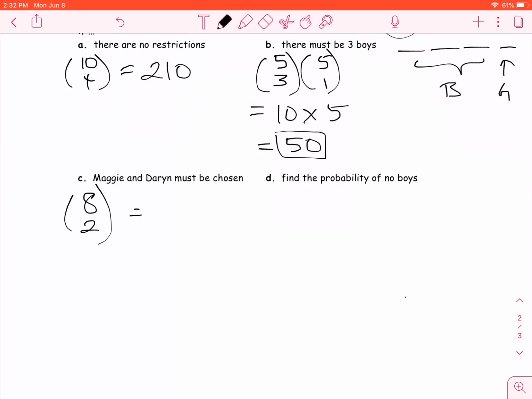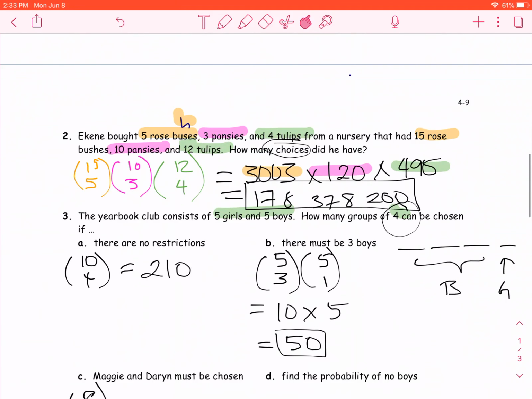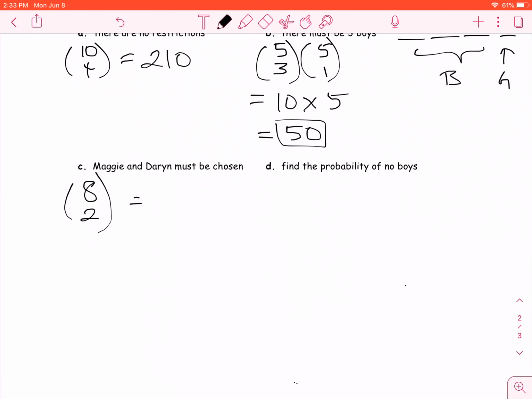Using the formula we have been introduced to, there are 8 now that we're considering. We would do 8 take away 2, which would be 6 factorial, and then r is 2, so 2 factorial. So 8 factorial over 6 factorial times 2 factorial. Once you work that out, you should get 28.